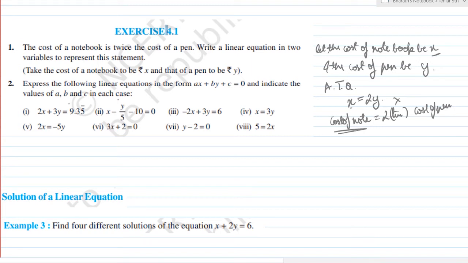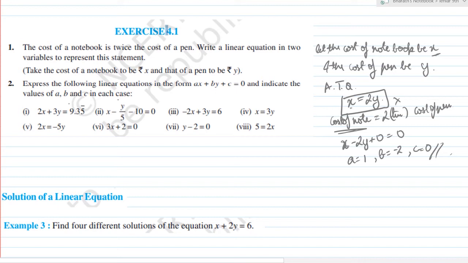So this is our main equation, and they're asking us to represent this as a linear equation. So we get all this onto the LHS, x minus 2y plus 0 is equal to 0. In this, our a value is 1, b value is minus 2, and c is our 0.